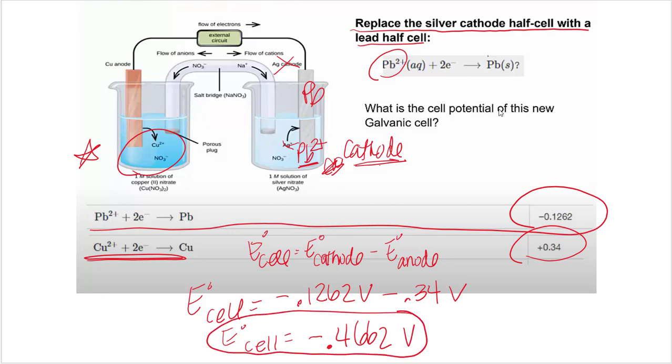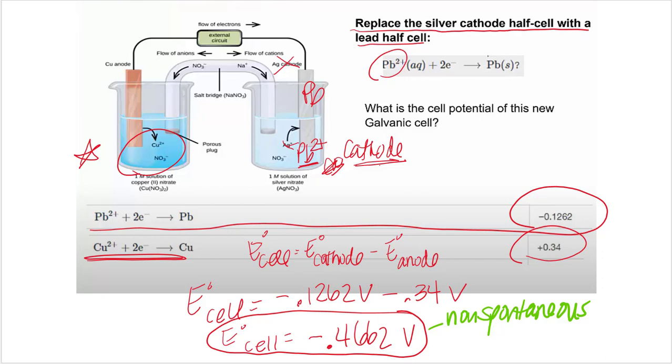And this tells me that it is non-spontaneous. So in the forward direction, this is a non-spontaneous reaction. There are no volts being able to be captured to do work.